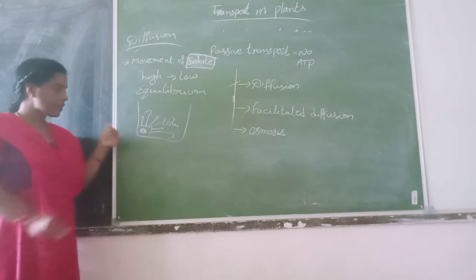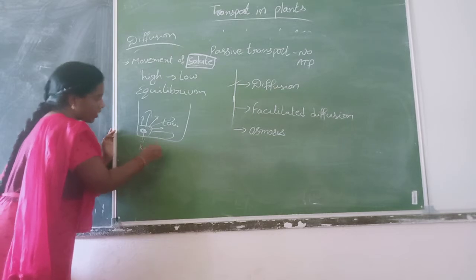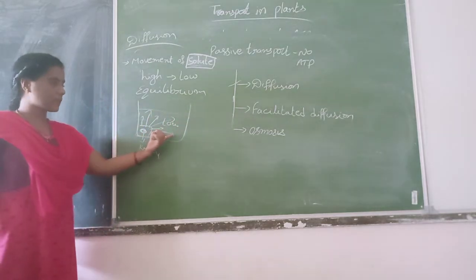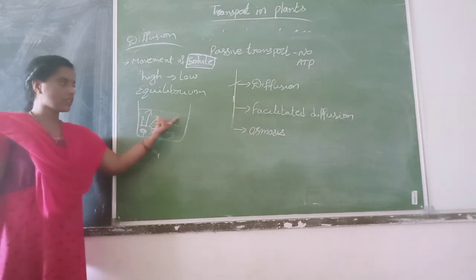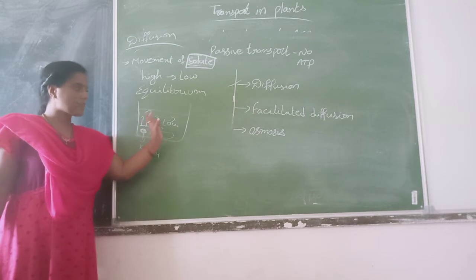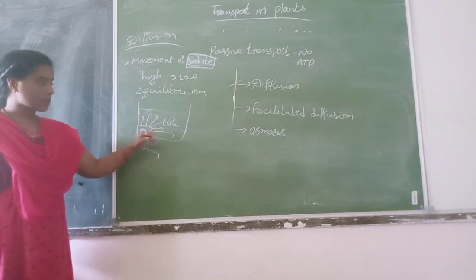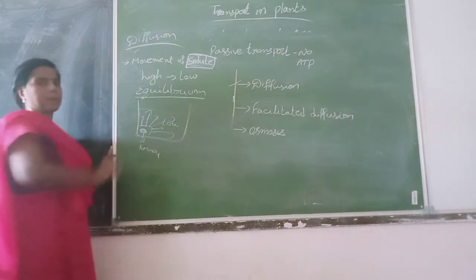KMnO4 molecules are moving throughout the solvent or throughout this beaker. The KMnO4 molecules spread from high concentration to the low concentrated area, we said. That movement or that spreading will take place up to the formation of equilibrium.